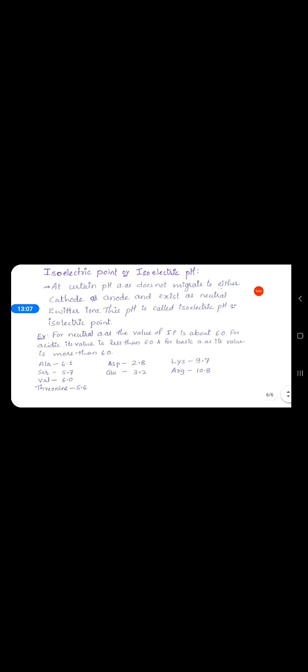And isoelectric pH: at a certain pH, an amino acid does not migrate to either the cathode or the anode and exists as a neutral Zwitter ion. This pH is called isoelectric pH or isoelectric point. Here some examples are given. For neutral amino acids, the isoelectric point is nearly 6, for acidic amino acids it is less than 6, and for basic amino acids it is more than 6.